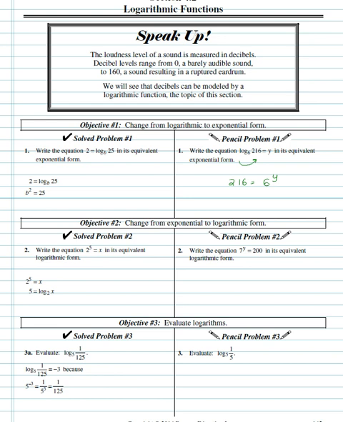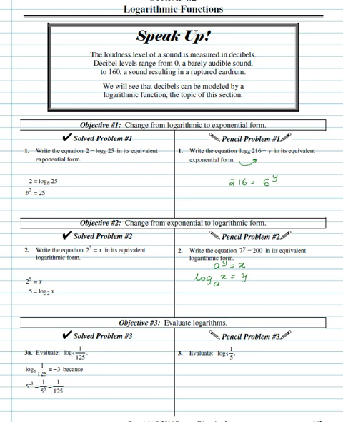Write the equation 7 to the power y is equal to 200 in its equivalent logarithmic form. If I have a to the power y is equal to x, then it's going to be log x base a is equal to y.